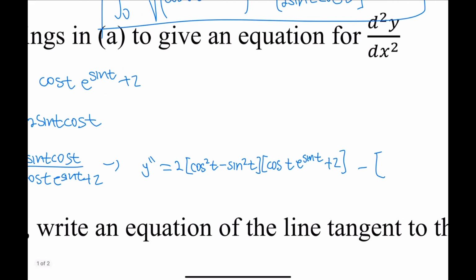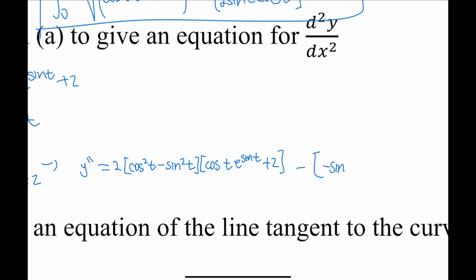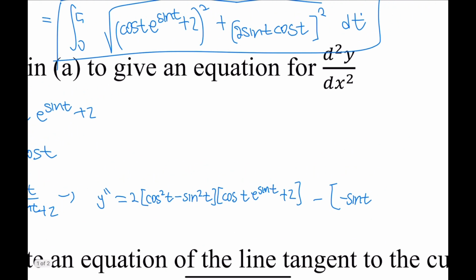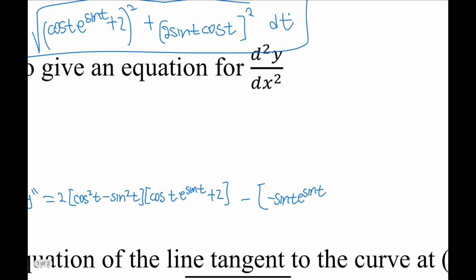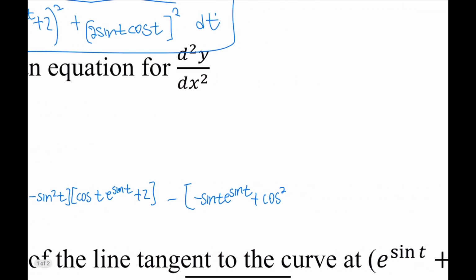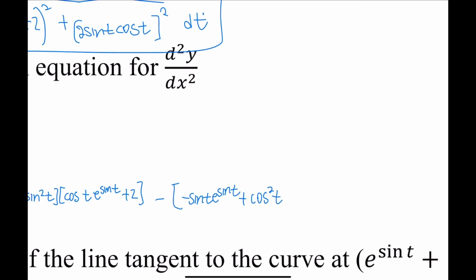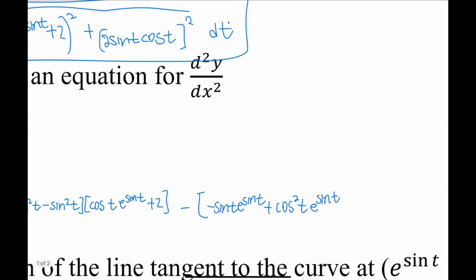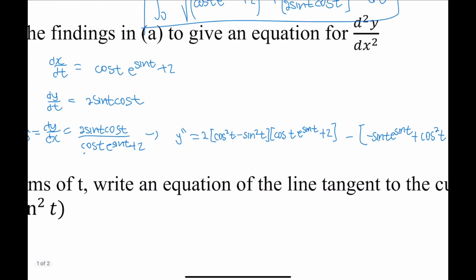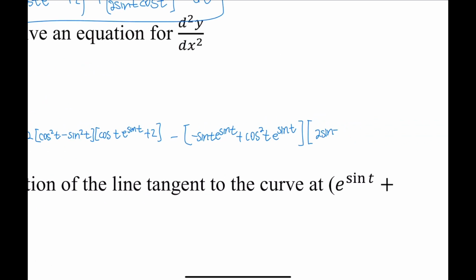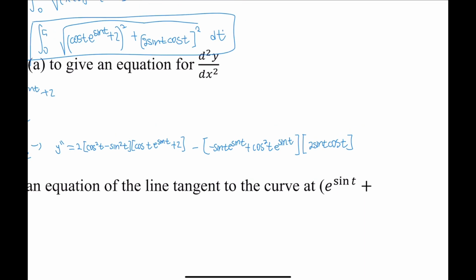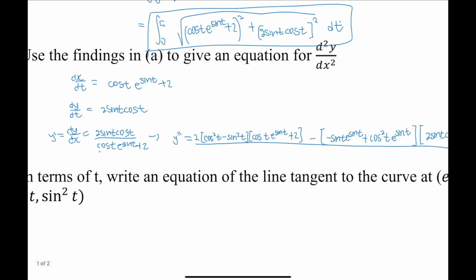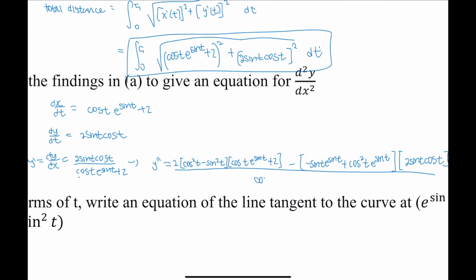So that's going to be first a product rule: negative sine t e to the sine t plus cosine squared t e to the sine t, and then we're going to get rid of the constant, right? This whole thing multiplied by 2 sine t cosine t. And then the last part all over the denominator squared.